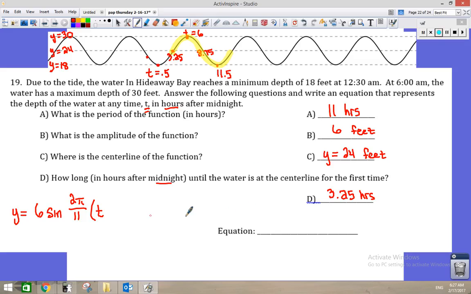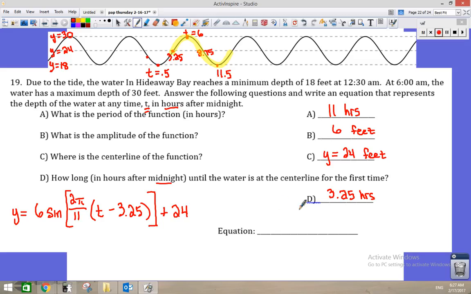I'm not going to be upset if you use x, however. We have a shift to the right, but that's bizarre in its behavior when it affects the domain, so it's t minus 3.25. And then we have a vertical shift. We're taking the sine of this product, and we have a vertical shift of 24 feet.